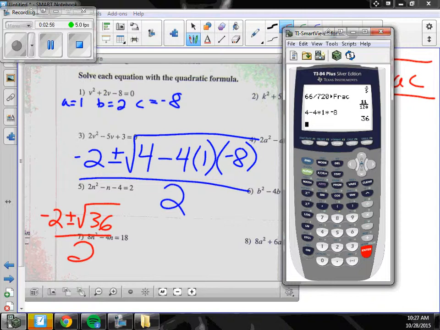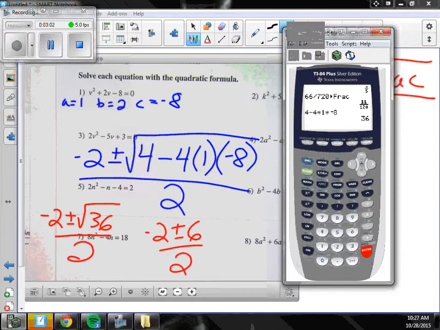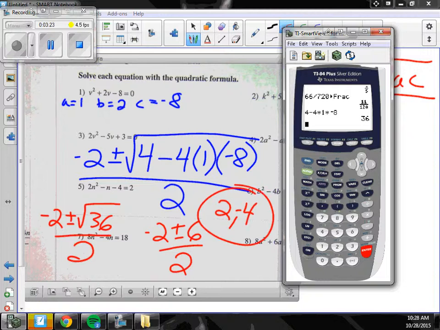Yes, and the square root is 6. So we have negative 2 plus or minus 6 over 2. Now what do we do? Negative 2 plus 6 is 4, and 4 over 2 is 2, so that's my first root. Negative 2 minus 6 is negative 8, and negative 8 divided by 2 is negative 4. Those are the roots.